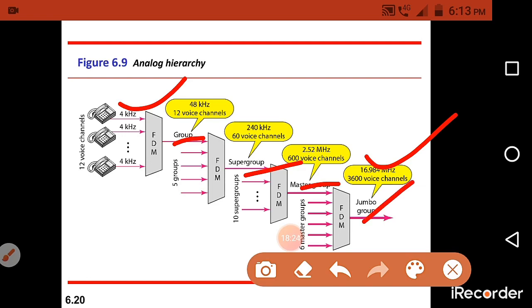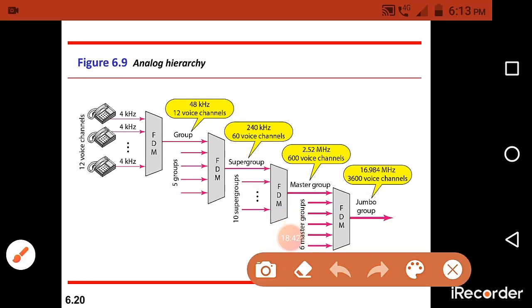Each channel has 4 kilohertz, totally 12 channels, 12 into 4.